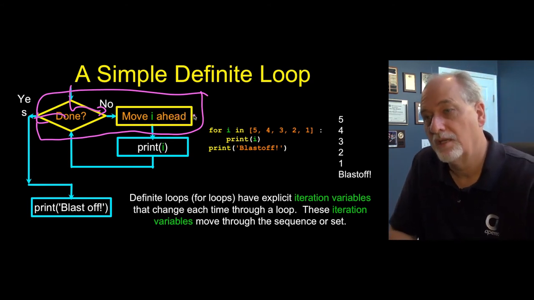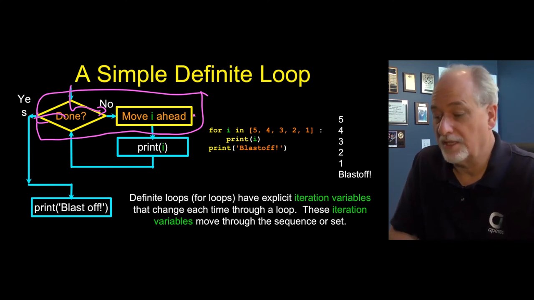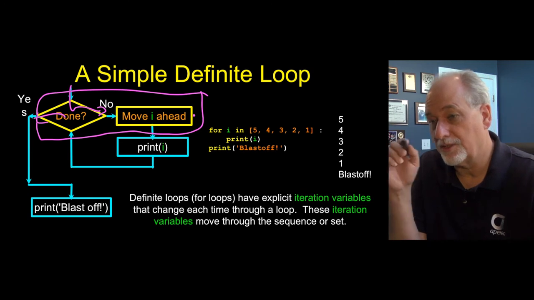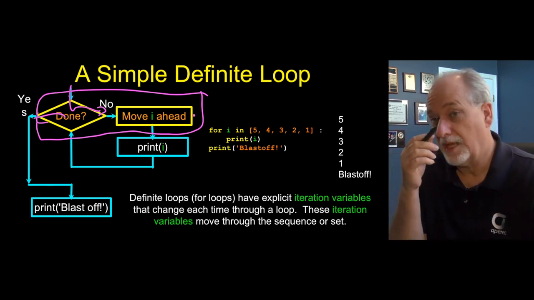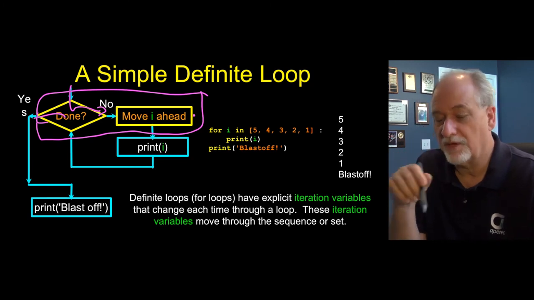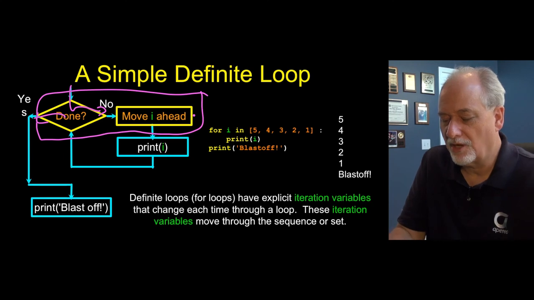It's managing the iteration variable. It's initializing it too. If you go back to the while loop, we had n equals 0, while n greater than 0, n equals n minus 1. So we had like 3 lines to manage the iteration variable. But with a for loop, we don't have to do that. That's all taken care of.